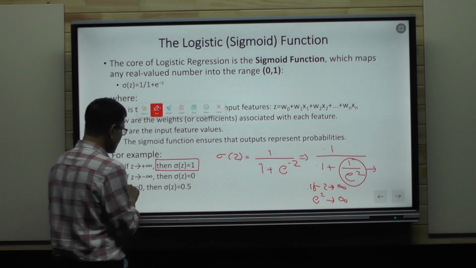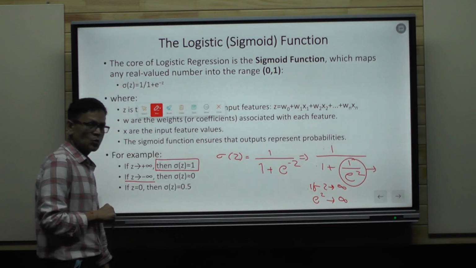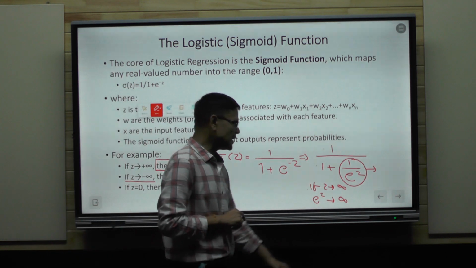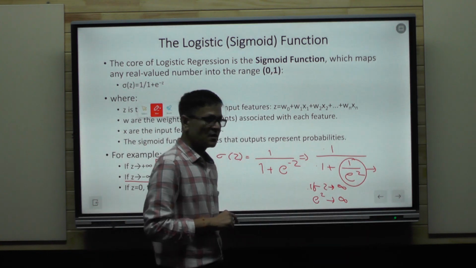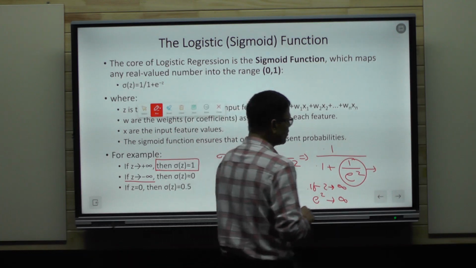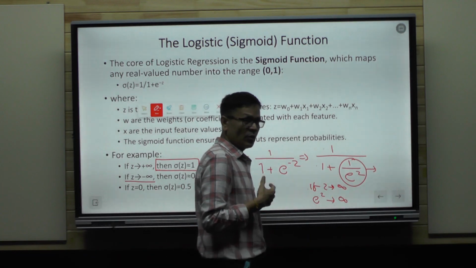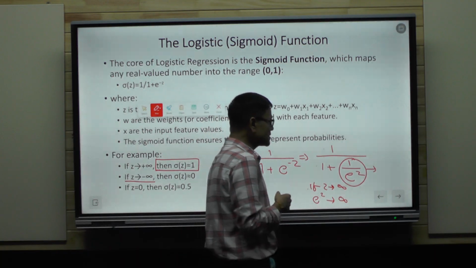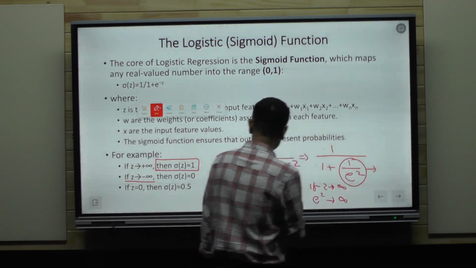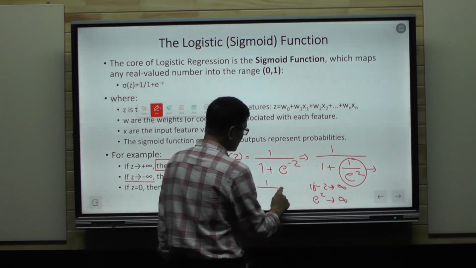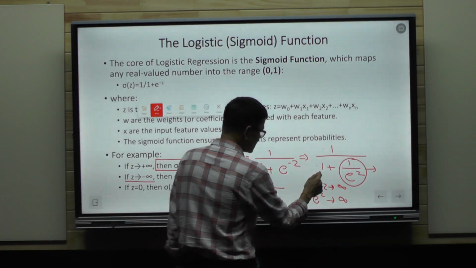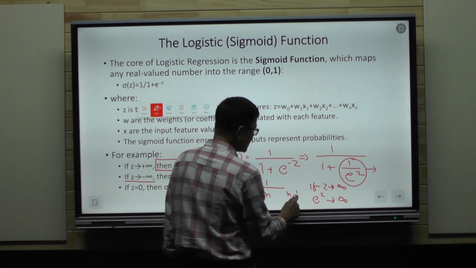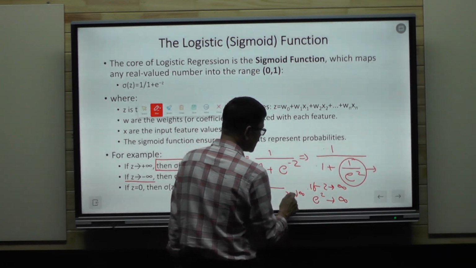Now what will happen if z approaches negative infinity? This particular fraction will be very large, so we have 1 upon a number n, where n is going towards infinity.